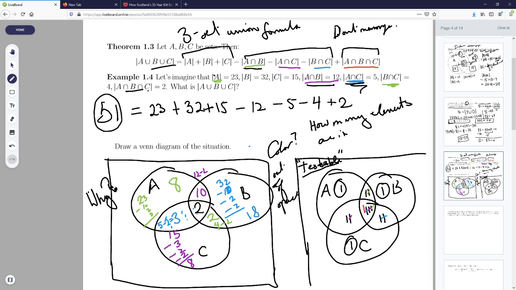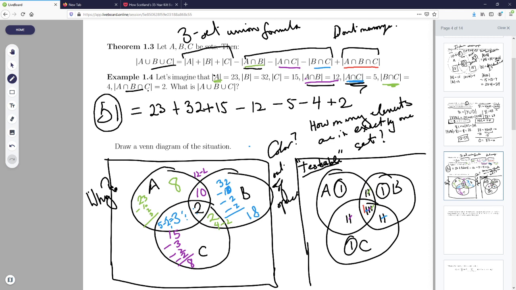So that's a decent question. And if you were trying to use these formulas, it's actually very difficult to arrange these formulas correctly in order to get those answers.